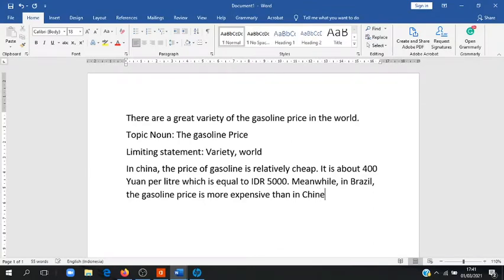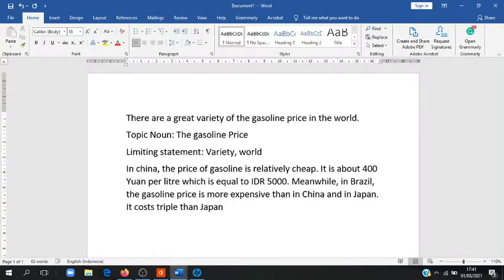For example, ya. It costs triple. You know, triple means 3 times. It costs triple. Then Japan. So the gasoline price is more expensive than in China and in Japan, for example, ya.